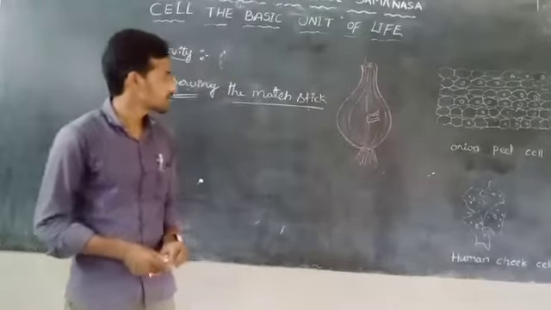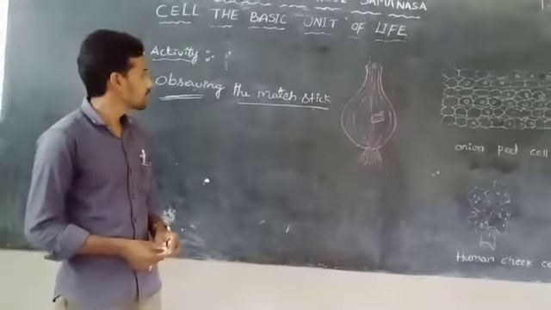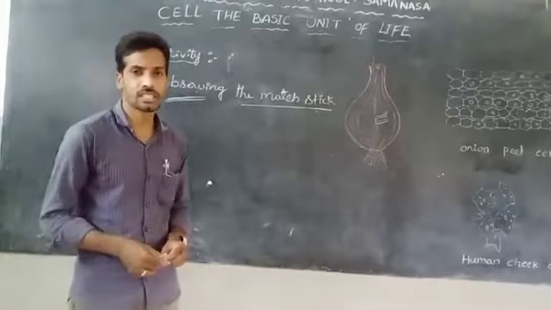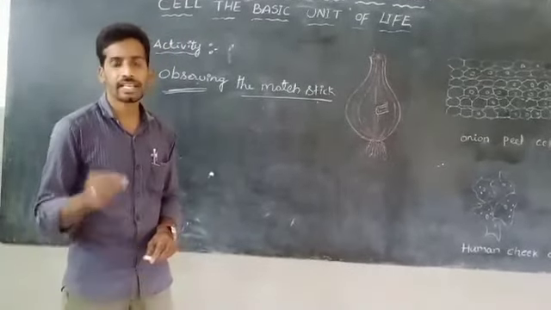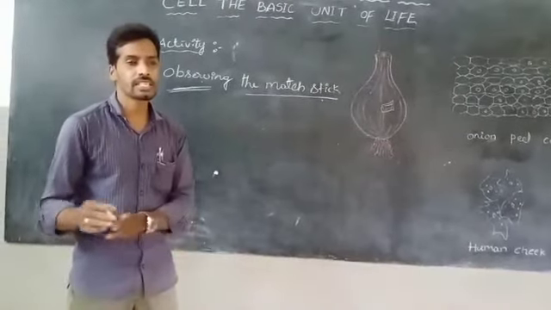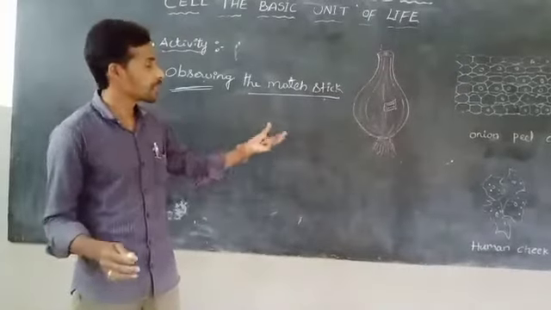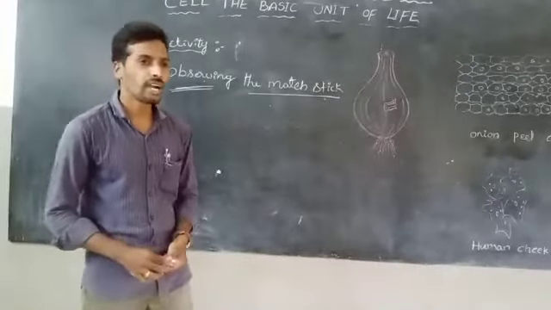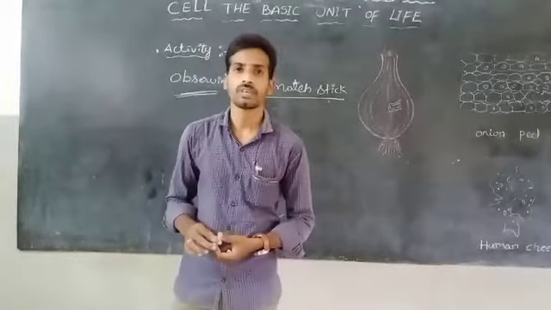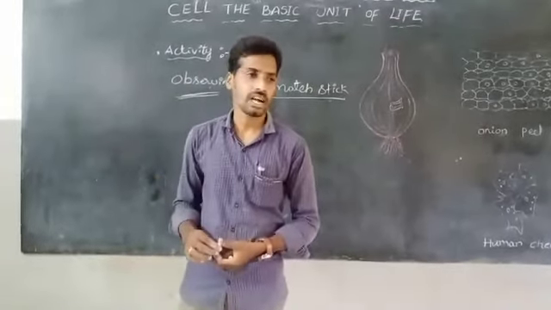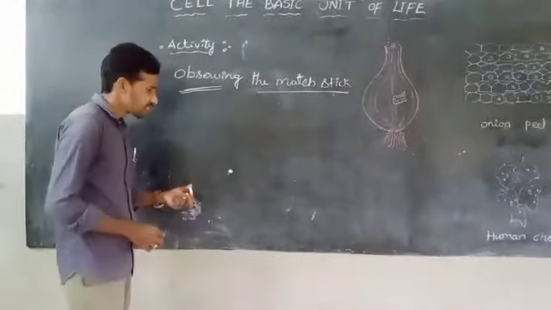When we see the slice of the matchstick through the microscope, it looks like small rectangular spaces. It is similar to the practical done by Robert Hooke. What are these spaces called? These are called cells.